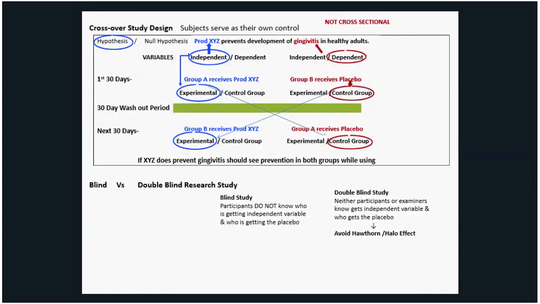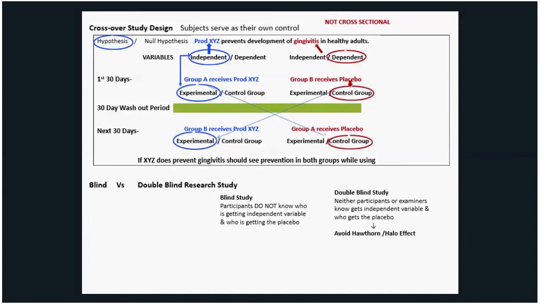Also, if the researcher or the examiner knows who's getting the magic potion and who's not, that could lead them to maybe mismanipulate some of the statistical things they're looking at, or record it a little bit differently because they know what's happening.